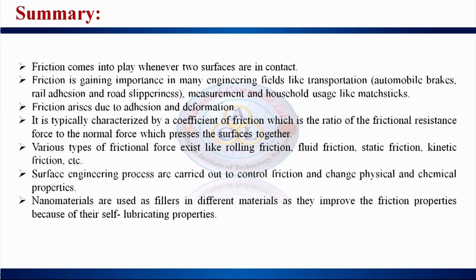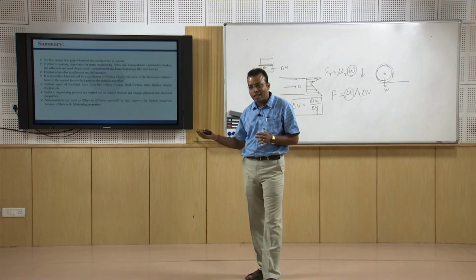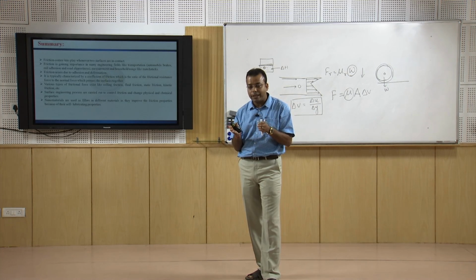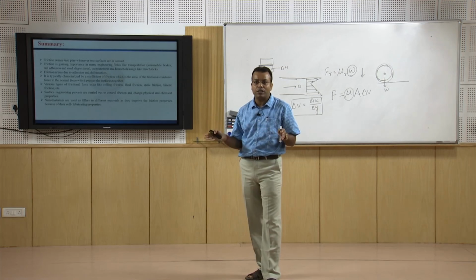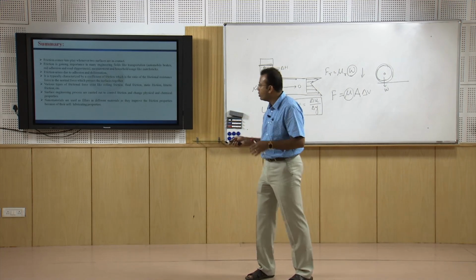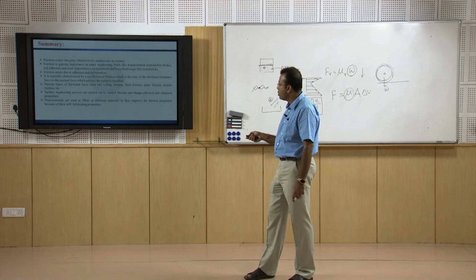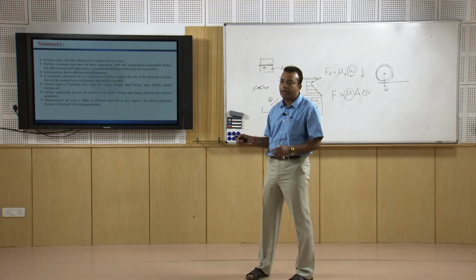Surface engineering processes are carried out to control friction and change physical and chemical properties. In our subsequent slide, or in depth in our next topic, we will discuss how surface engineering affects friction, and how it helps to reduce friction so that the material properties can be increased. And the last one is that nanomaterials are used as fillers in different materials and they improve the frictional properties because of their self lubricating properties.